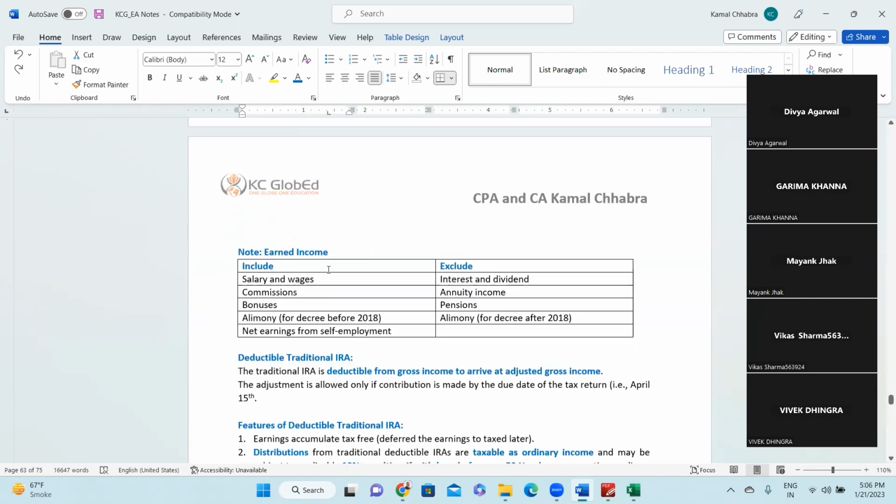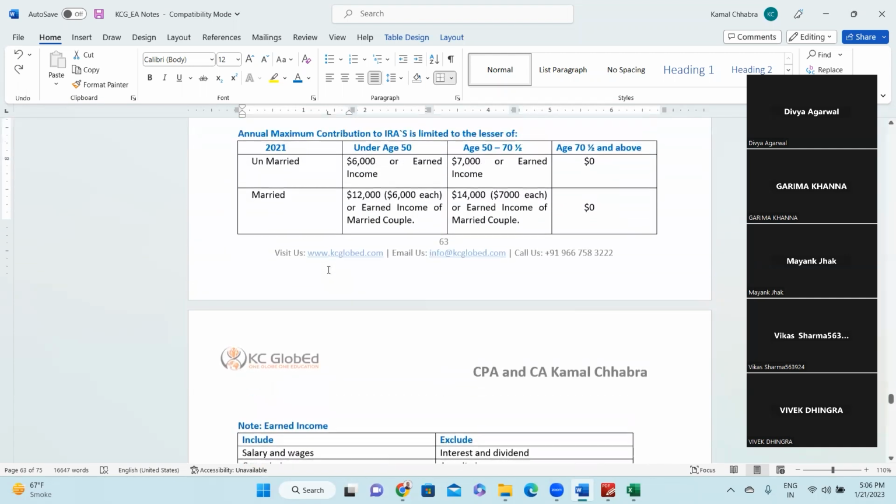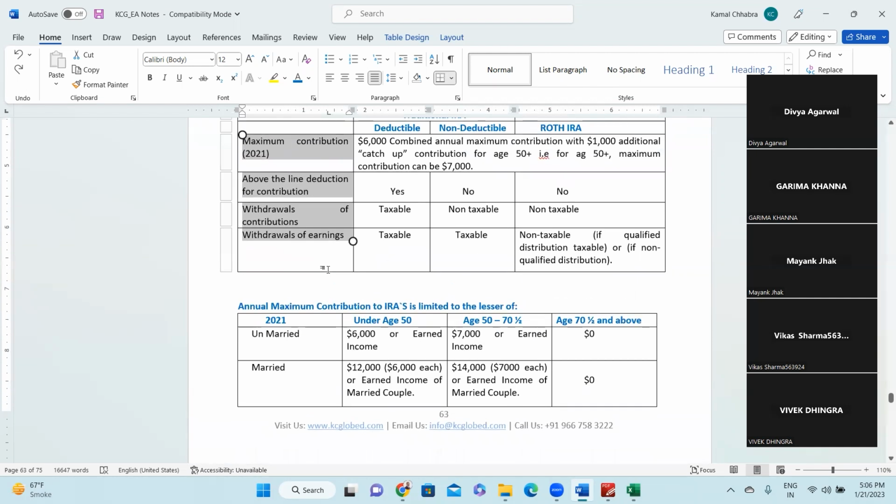Your income from interest, dividends, annuity income, and pension income would not be part of earned income. And any alimony received under a court order or decree on or after December 2018 will also not be considered.